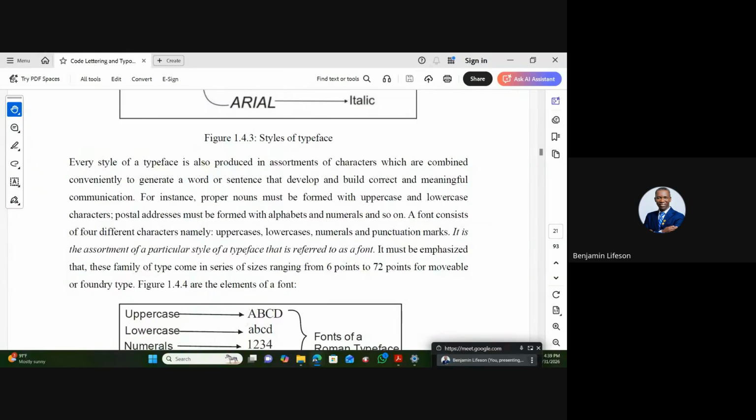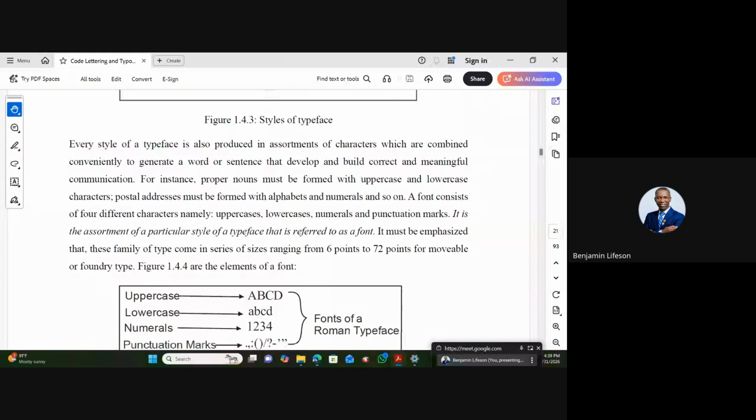These are combined conveniently to generate words. So we put together those letters that are familiar to each other to form a word, a sentence, to build a correct sentence for effective communication.